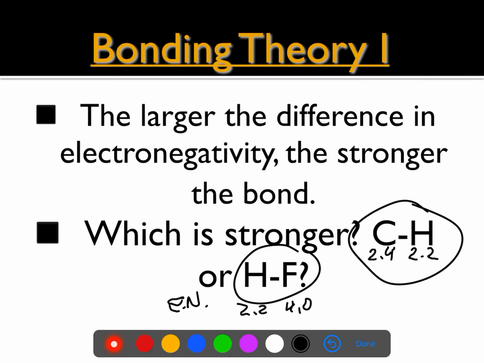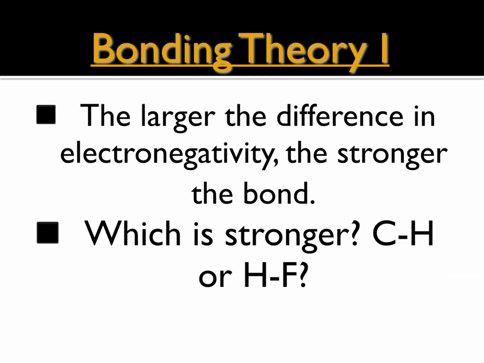So in biology, they treat this carbon to hydrogen bond as though it's non-polar. Actually, it's slightly polar, and they say it's non-polar in biology because it doesn't react. Well, you take it out of the human body and throw it in a blast furnace, and I'm an organic chemist. I can get that thing to react. So, but on our test, hydrogen to fluorine would be the stronger bond.